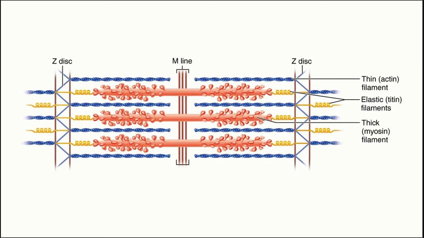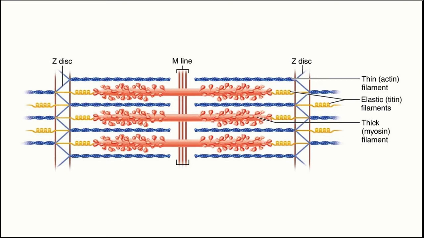So the elastic myofilament does a little bit more than just suspending the thick myofilament from the center of the sarcomere. Near the Z disc here, the elastic myofilament, as I mentioned earlier, looks a little bit like a spring, and that's because the elastic myofilament helps give the muscle its spring-like and elastic-like properties.